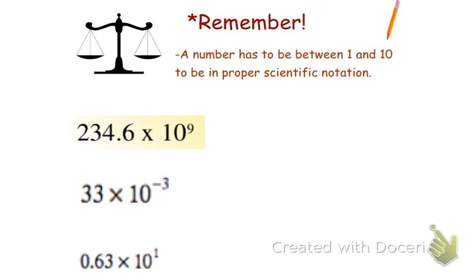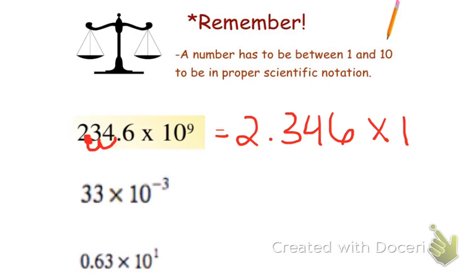Remember, your coefficient has to be between 1 and 10, less than 10, to be in proper scientific notation. So if you look at example 1, 234.6 times 10 to the 9th, our coefficient is not between 1 and 10. If we were to move this decimal 2 place values to the left, we would have 2.346, which is now a number that's between 1 and 10.